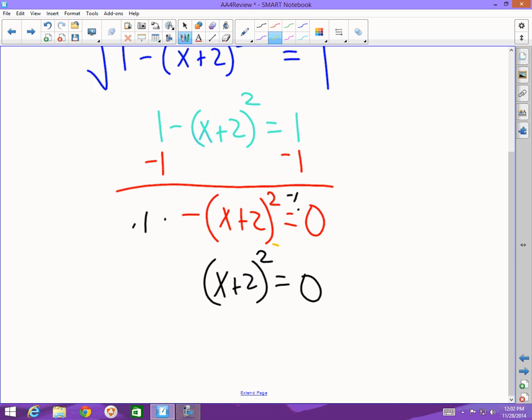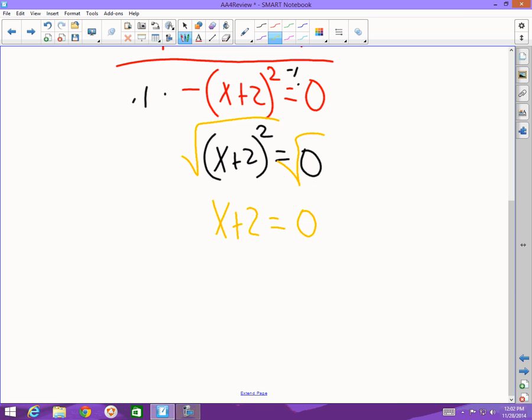And then take the square root, and then you have x plus 2 equals the square root of 0, which is 0. It's not plus and minus because 0 is not positive, nor is it negative. And then lastly, subtract 2, get x equals negative 2.